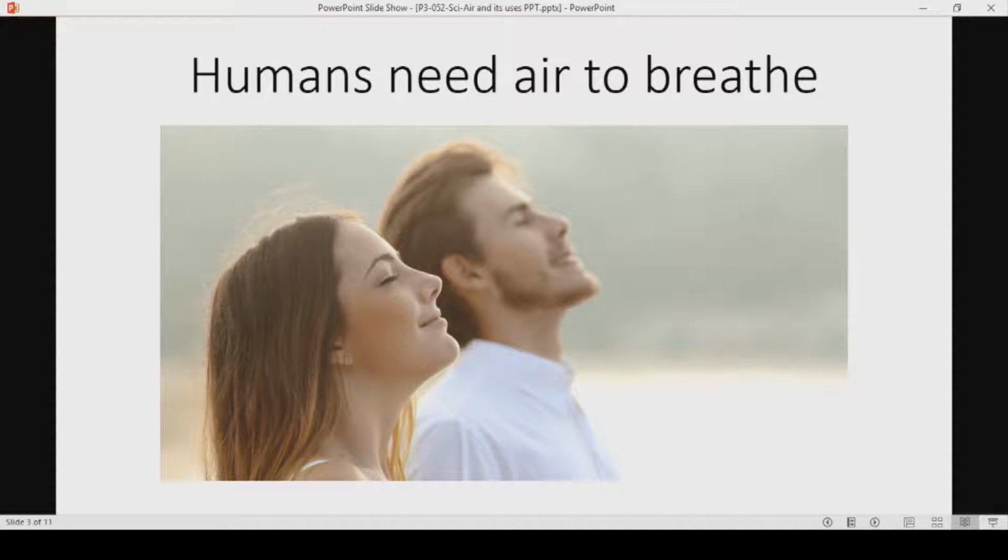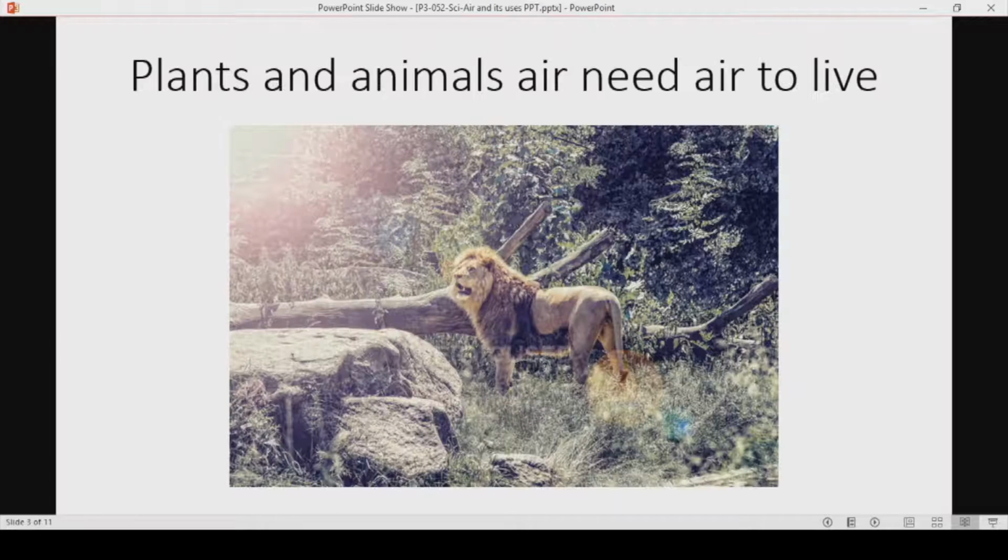But not just humans need air, other things need air too. What can you see in the picture? It's not a human, it's an animal. What type of animal? Lion. Does a lion need air? Yes. If a lion didn't have air, it would die.